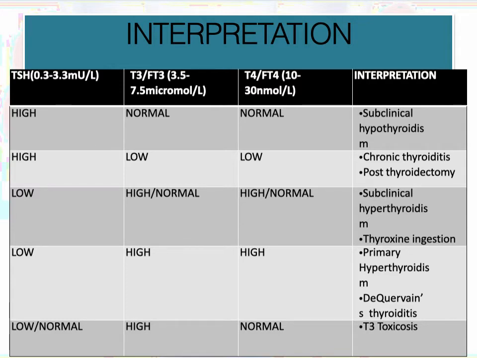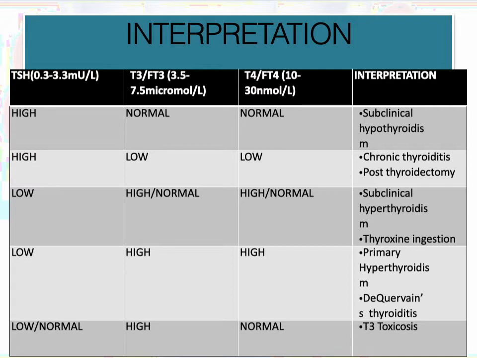So you have to know these. And if the TSH is low, or maybe normal at times, and T3 is high and T4 is normal, that means T3 thyrotoxicosis. Because the T3 is high, T4 is not high. So these are the interpretations.